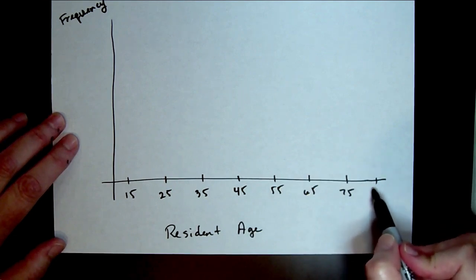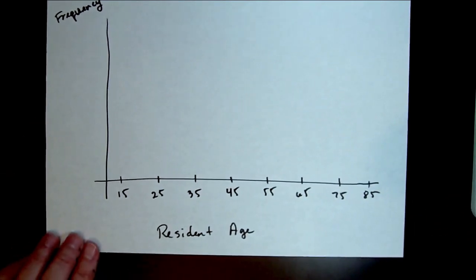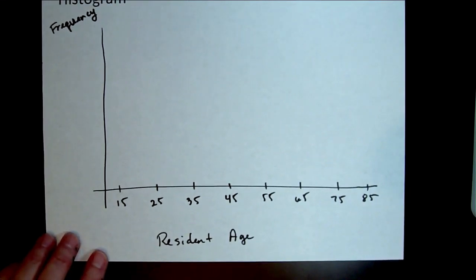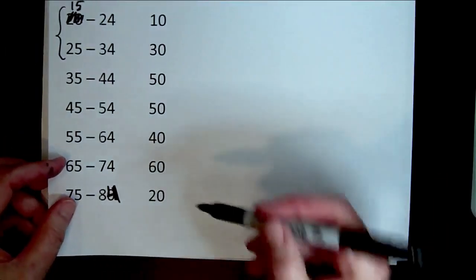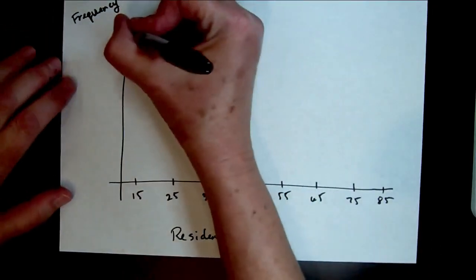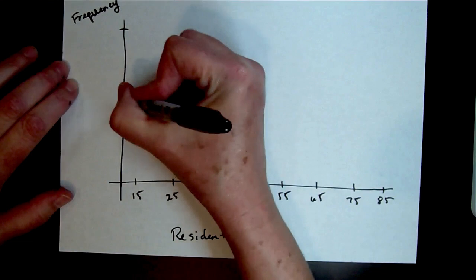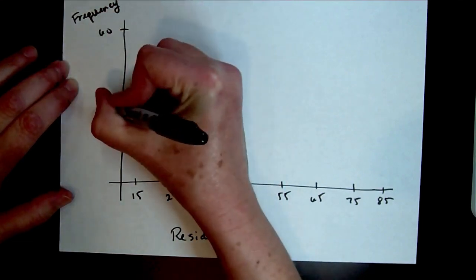And I don't have anyone of age 85, but let's put that in. And then let's see, the frequencies. What do we have for these? They go up to 60, so I need my vertical axis to go up to 60. So let's see, if this is 60, 30 would be about there.